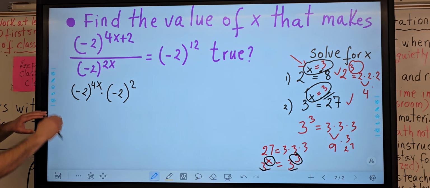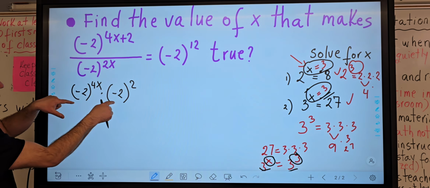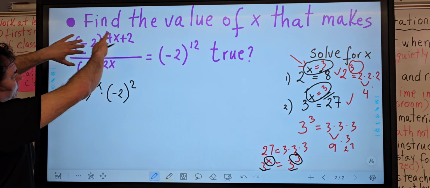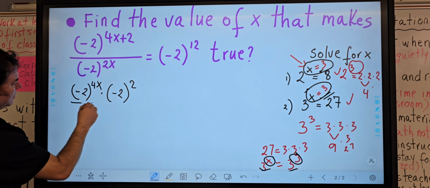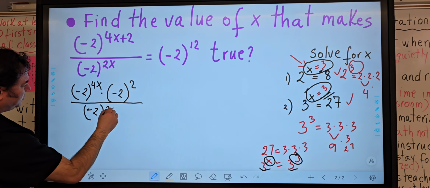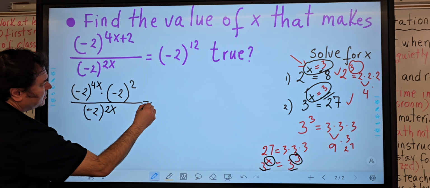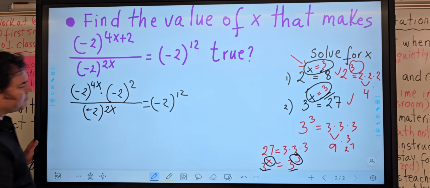That's what it means. Remember that rule of exponents: if we have the same bases, we keep the base and add the exponents. So we decomposed this into this, over negative 2 to the power of 2x, equals negative 2 to the power of 12.